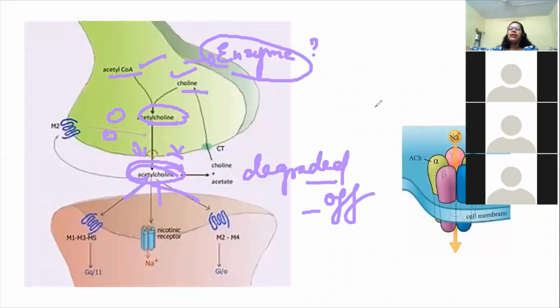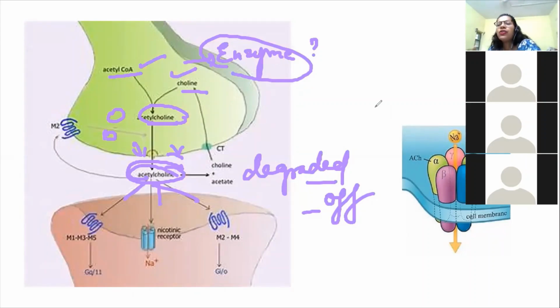So continuous nerve impulse is given, because of which you are not able to control your motor functions. This is just one example. And that's why, in order to have regulated nerve impulse transmission, the moment the impulse from one neuron to another has been transferred, the leftover ligands, let it be acetylcholine or any other neurotransmitter, all get degraded.